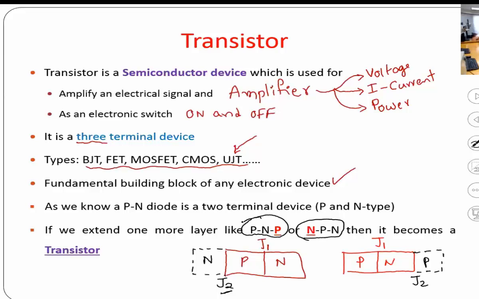So one CMOS requires actually two transistors. That's why the complexity of CMOS is usually higher than traditional transistors. So in the place of one transistor, if you're using CMOS, you need two transistors. Opposite in their polarities.